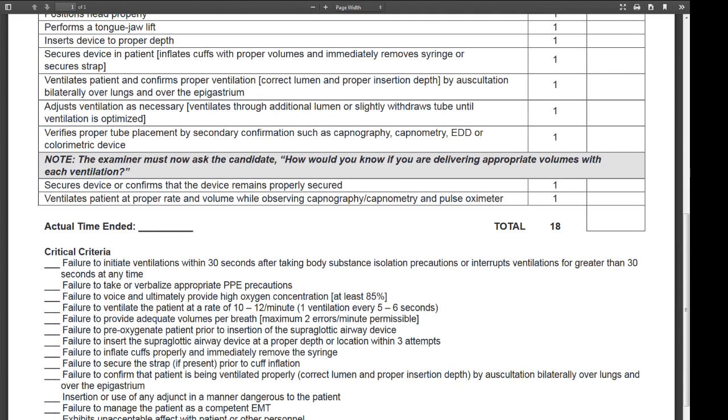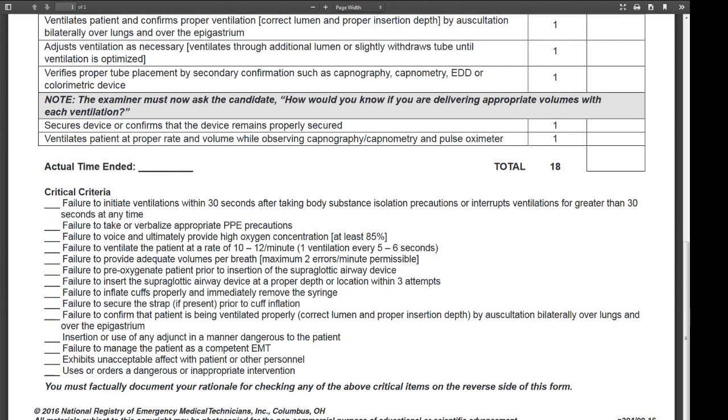Ventilates patient and confirms proper ventilation, correct lumen and proper insertion depth, by auscultation bilaterally over lungs and over the epigastrium. Adjusts ventilation as necessary, ventilates through additional lumen or slightly withdraws tube until ventilation is optimized. Verifies proper tube placement by secondary confirmation such as capnography, capnometry, EDD or colorimetric device.